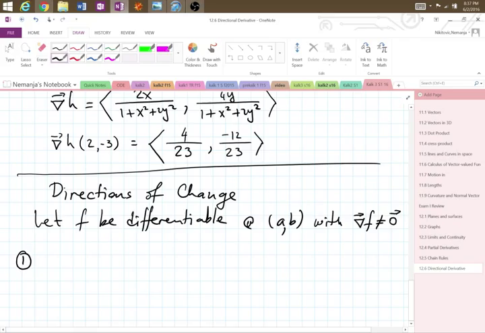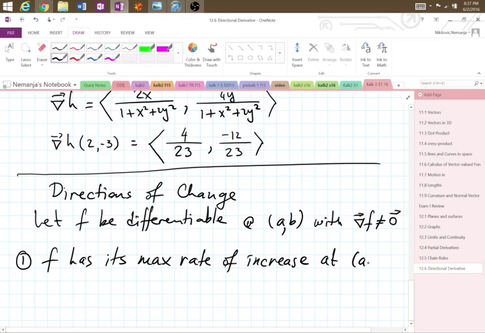Number one, f has its maximum rate of increase at (a, b) in the direction of the gradient, del f.